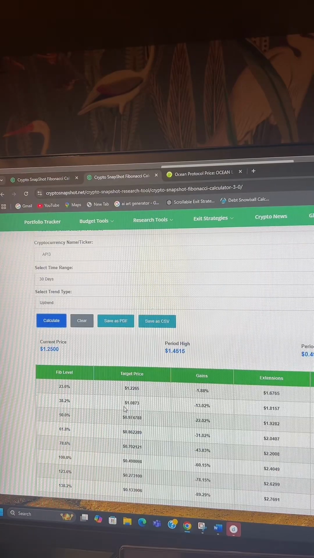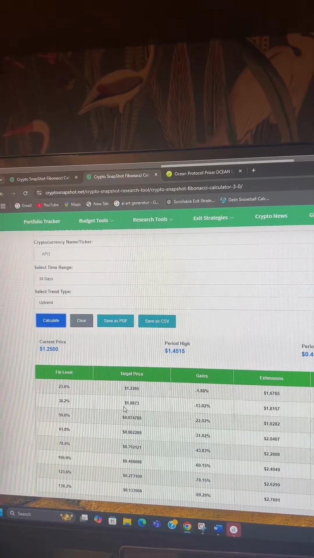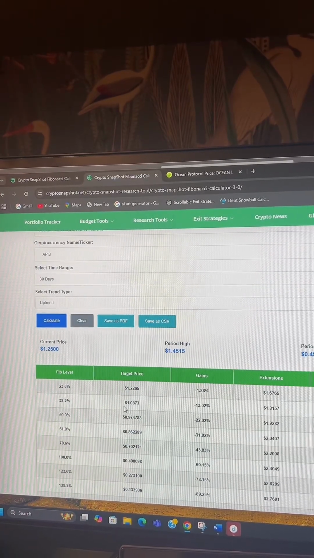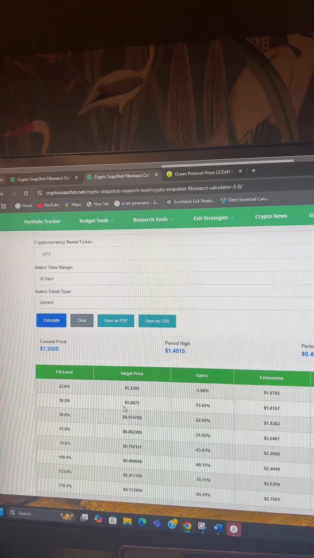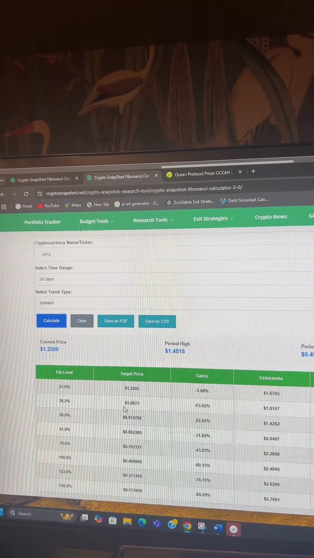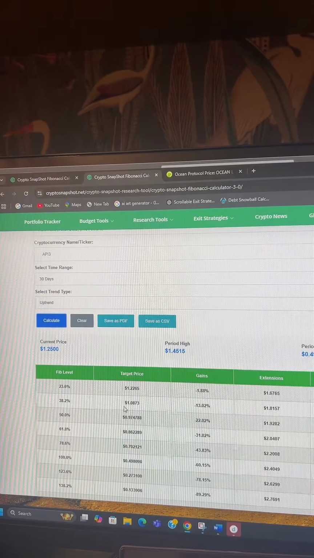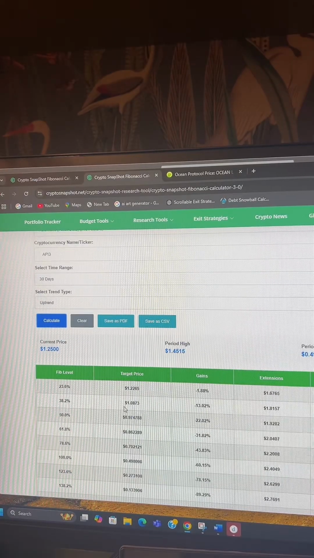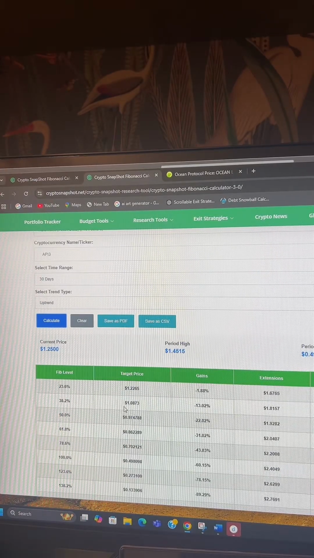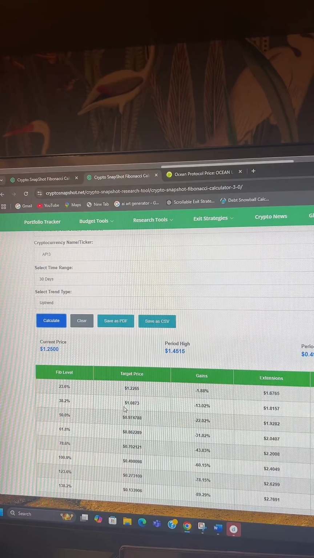So API3 is like the smart middleman between real-world data and blockchain applications. But here's the twist. Unlike Chainlink, API3 gets its data directly from the source, like from airlines, weather services, stock markets. There's no middleman. They call it first-party oracles, and it's cheaper and more reliable.